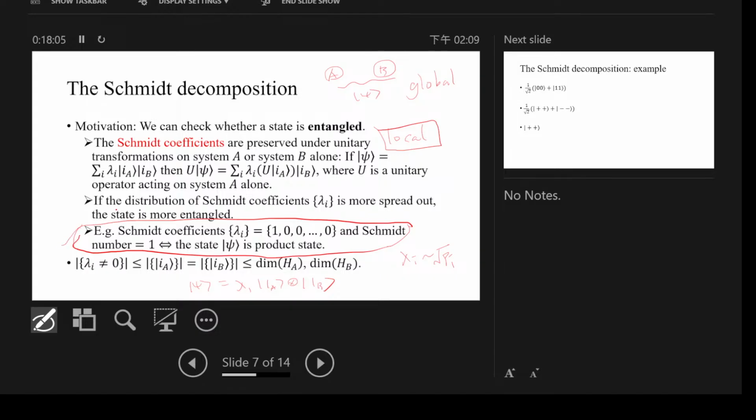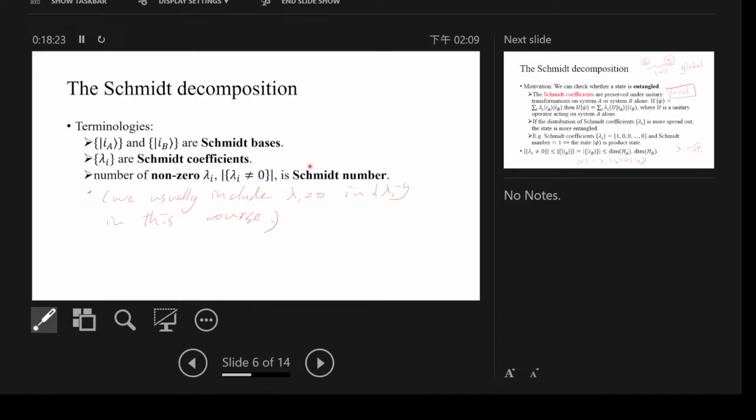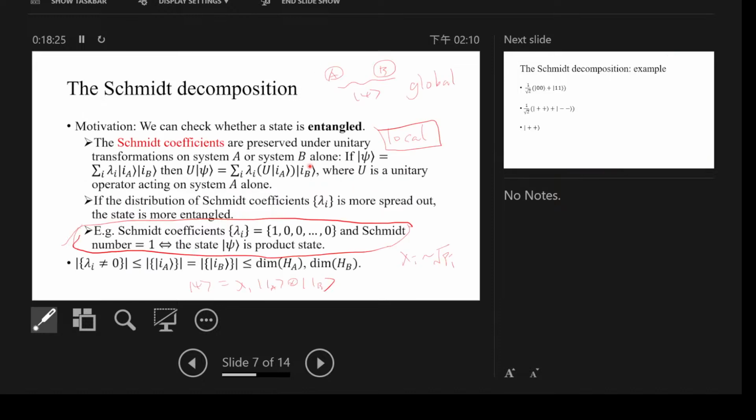One direction is a bit easier: if your Schmidt number is 1, you only have one non-zero lambda i, and in fact it will be 1, so your state is just i_A tensor i_B, a product state. The other way around, you need to work a bit harder to prove it. So that's why we like Schmidt decomposition. It tells us how entangled your pure state is.